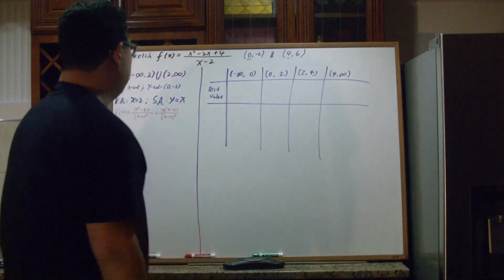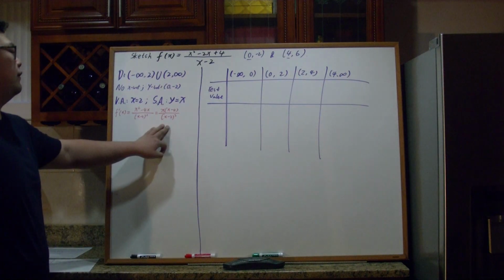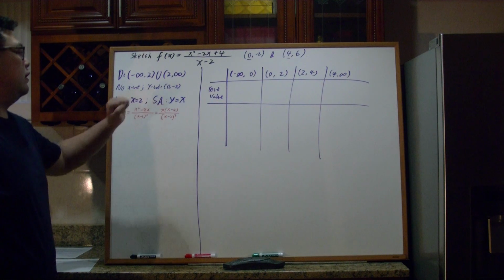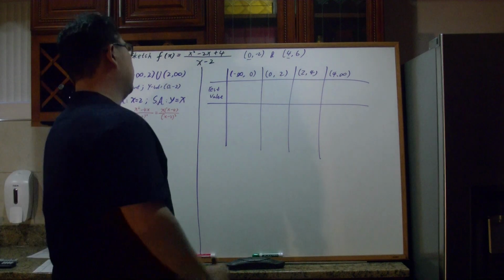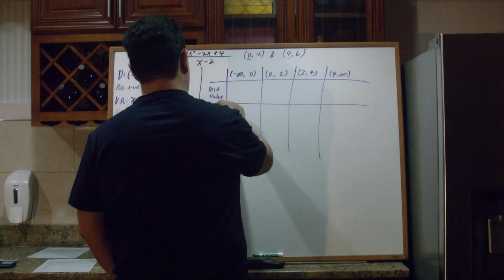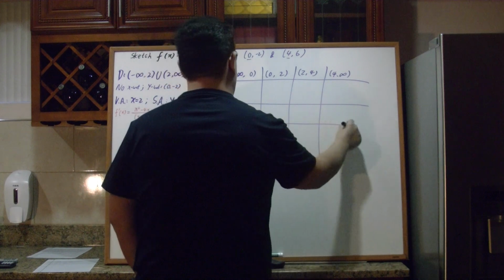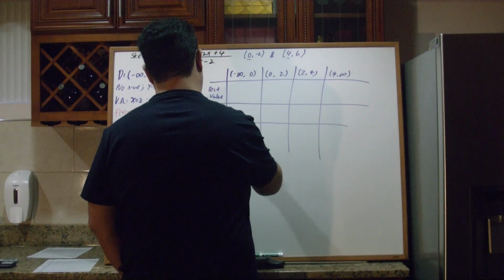Test value, you can put anything. The denominator, we observed f prime is always positive. The only difference is the numerator. Okay, right? So the sign of f prime of x and the shape of f of x.